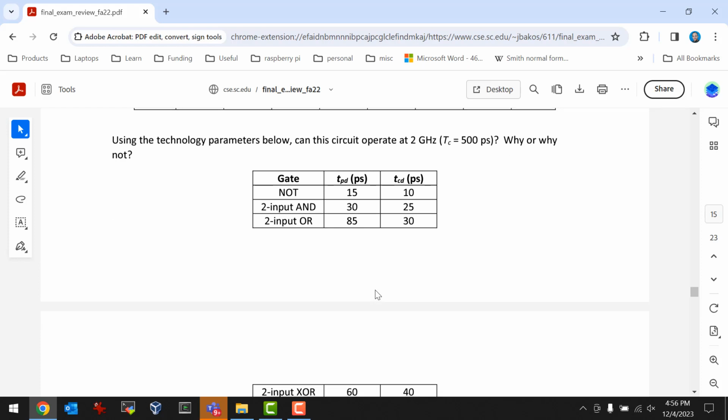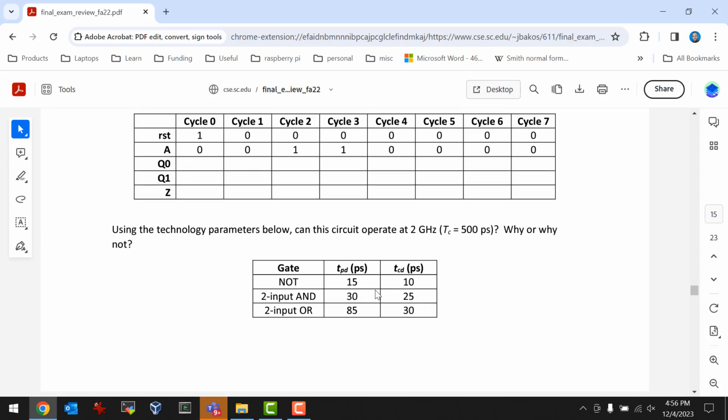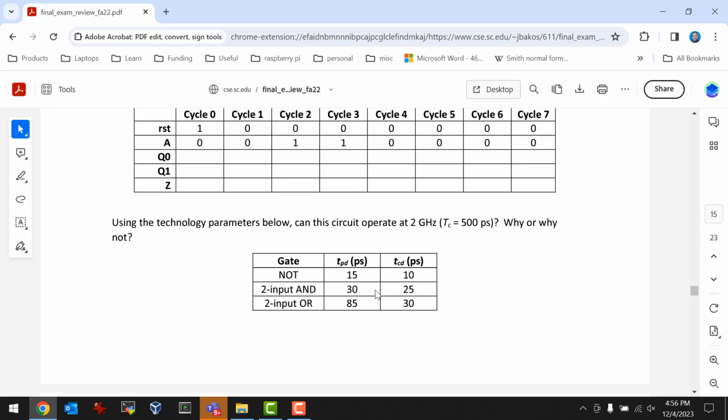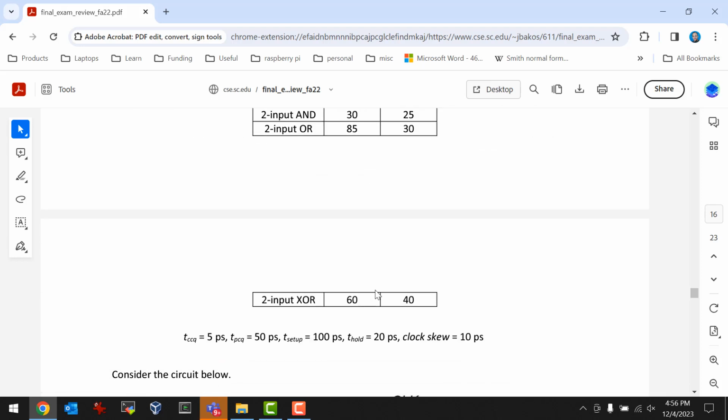Can this circuit operate at 2 gigahertz? Well, we got some propagation delays here. No. Oh yeah, we have all the stuff here to figure this out. So the delay is going to be the T PCQ.